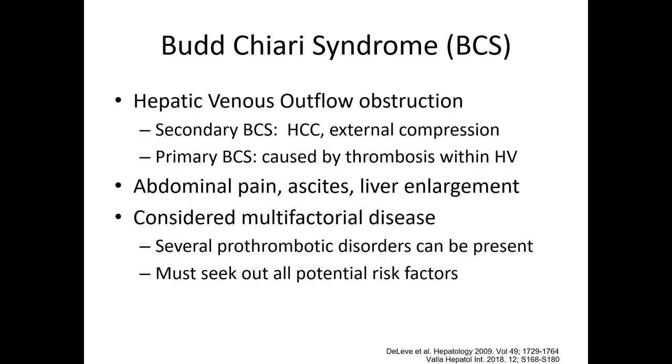The presentation is abdominal pain, ascites, and liver enlargement, and is considered to be a multifactorial disease. There are several prothrombotic disorders that can be present in a patient with Budd-Chiari, and you must seek out all the potential risk factors, even if the patient has one obvious risk factor. For example, if they're on OCPs, you still must do the workup to rule out underlying cause of thrombosis.